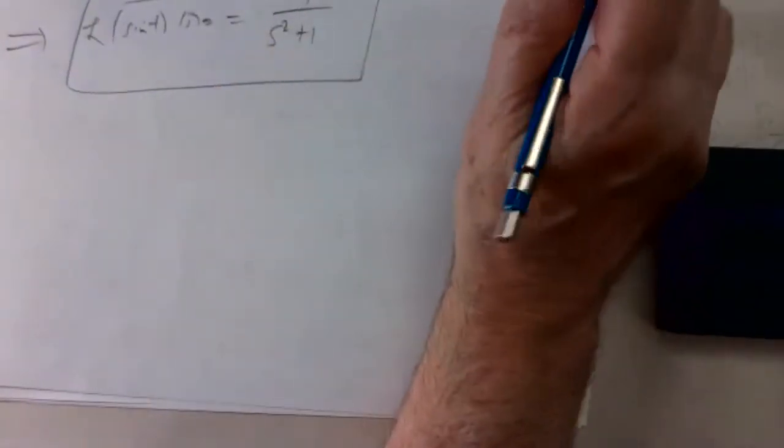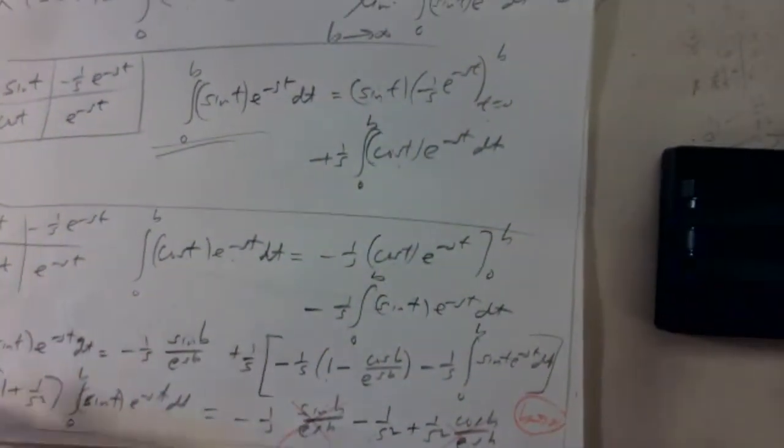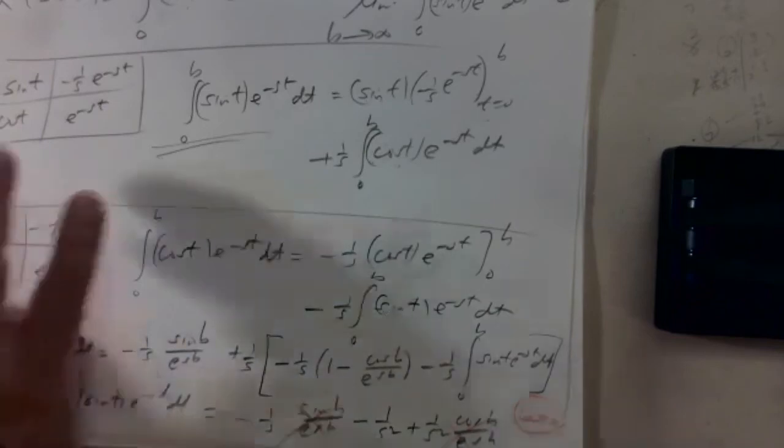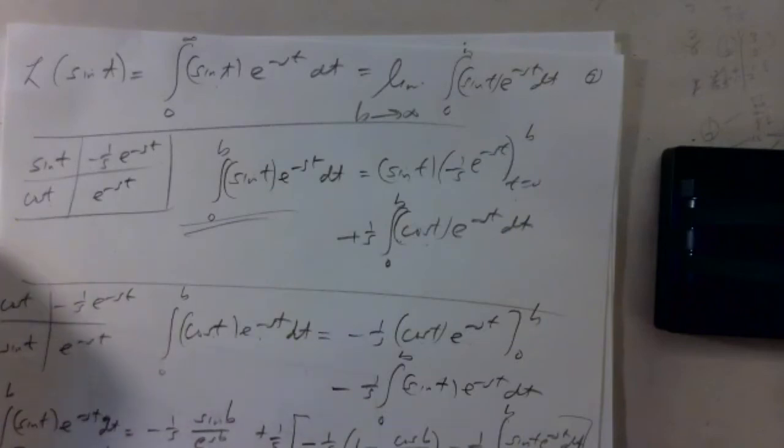Now, I just want to go back and see where I messed up getting that sign. So here we are. And let me do it slightly more generally also when I go through it again. Suppose instead of sine t, I want to look at sine of a times t, just slightly more general.